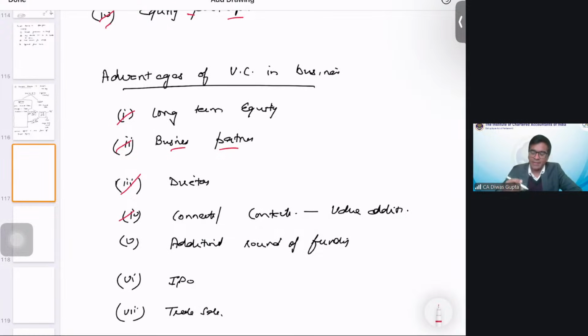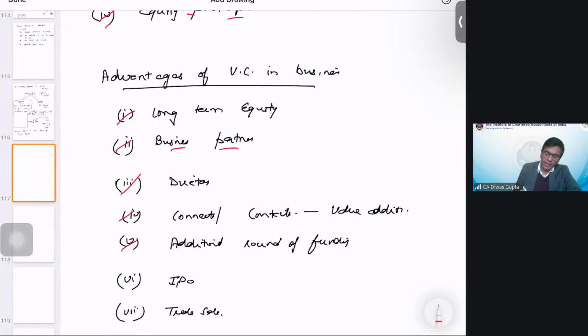Then these have a lot of connects and contacts which can be used. Let's say they need a buyer or a customer; through their connects and contacts, they can get one. If some sort of technical advice is needed, they can also help in getting that closure.